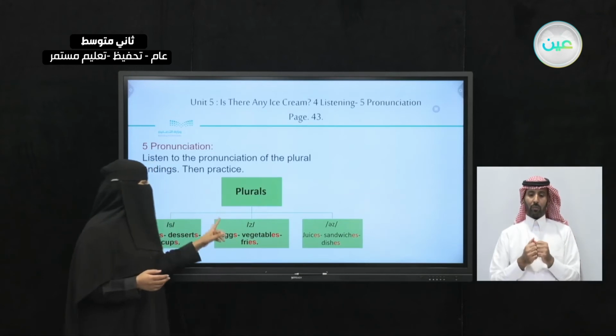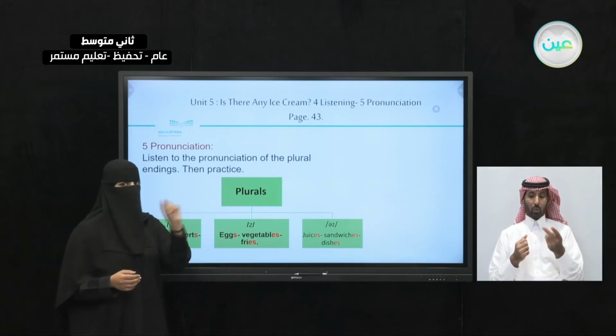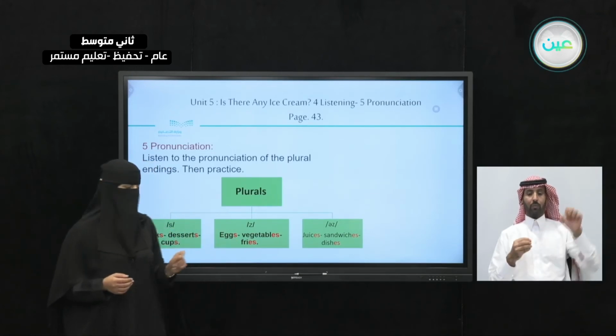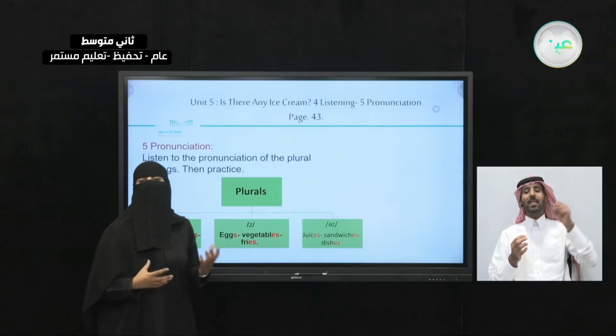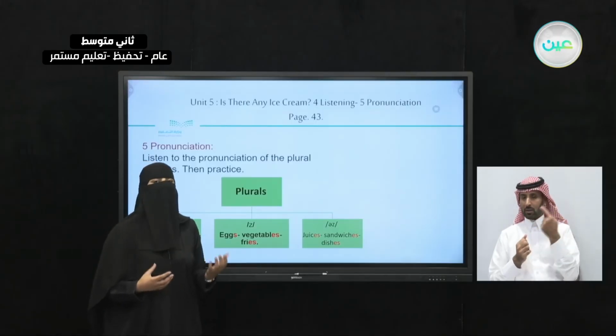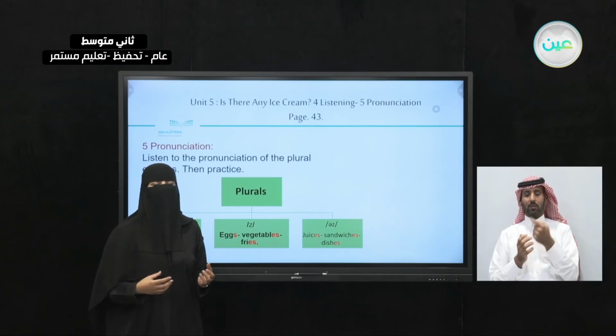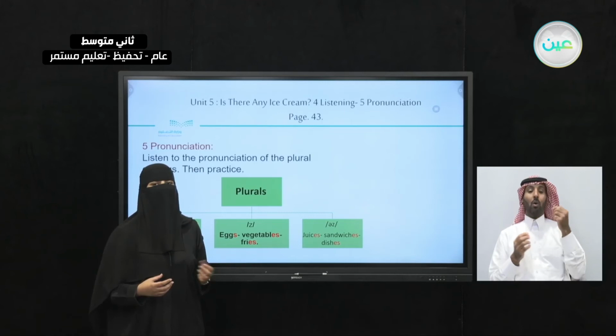Now, let's take a look. Here for plurals, we know that we're just adding S, right? Listen to this word, and what do you hear at the end of this word? What is the sound? Drinks, desserts, cups. So what was the last sound? It's the S sound. S, cups, desserts, right?